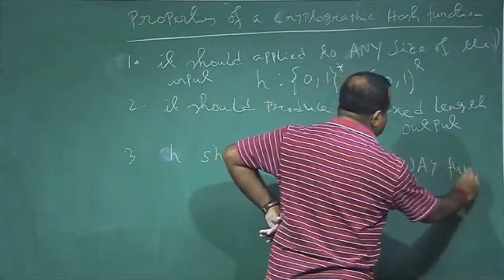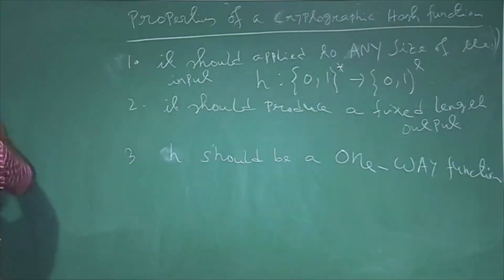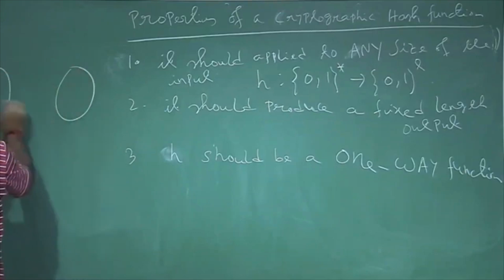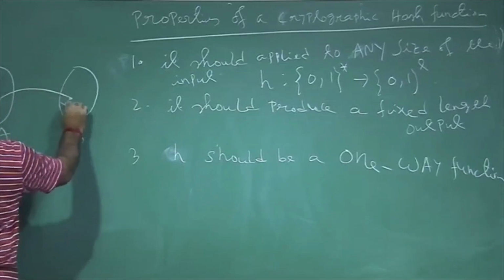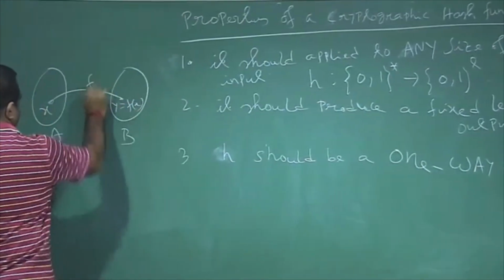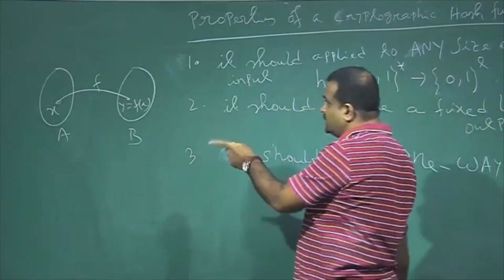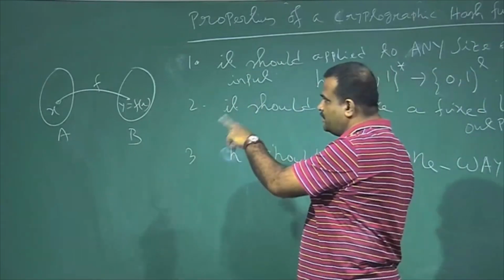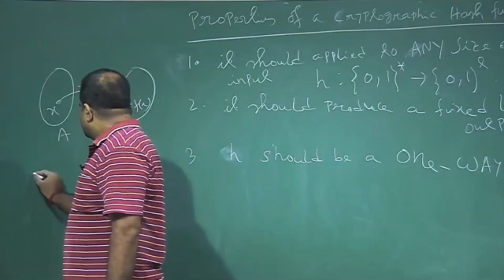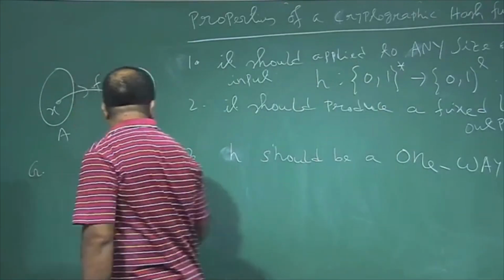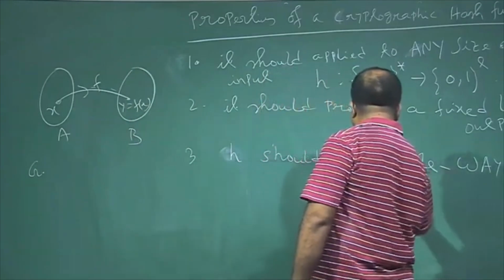What do you mean by a one way function? One way means, suppose you have a function f from A to B, this is a mapping. So, this is x, this is y equal to f of x, this is the f mapping. When we say f is a one way function, it is easy to compute in the forward direction and hard to compute in the backward direction. Given x, it is easy.